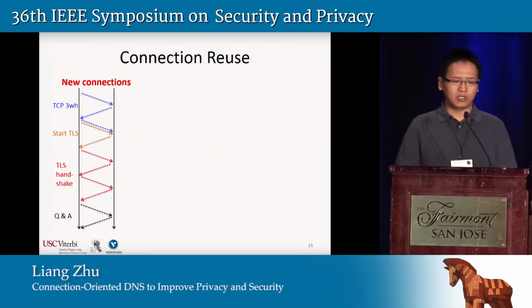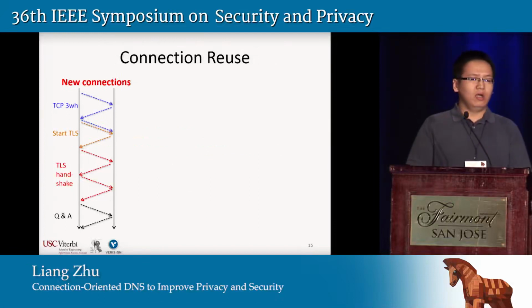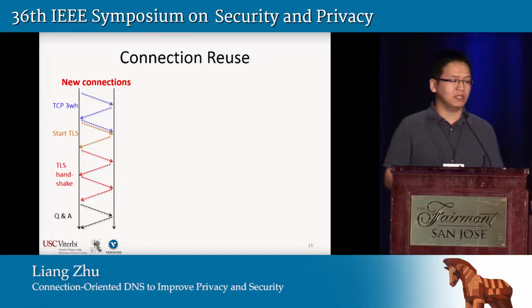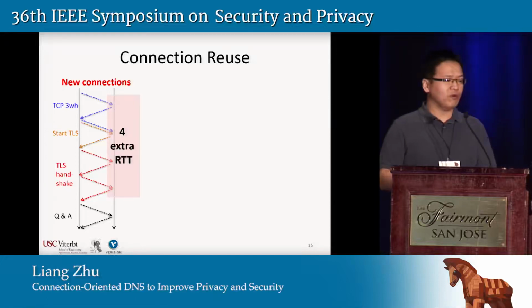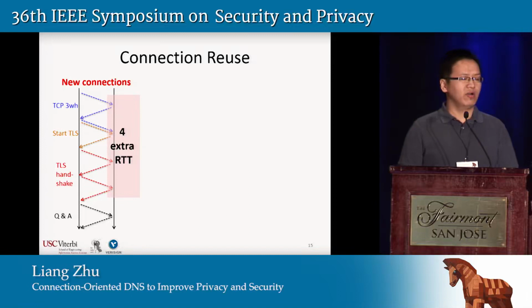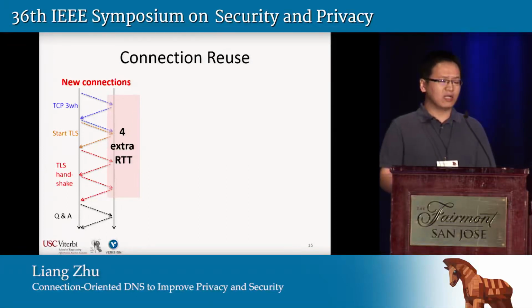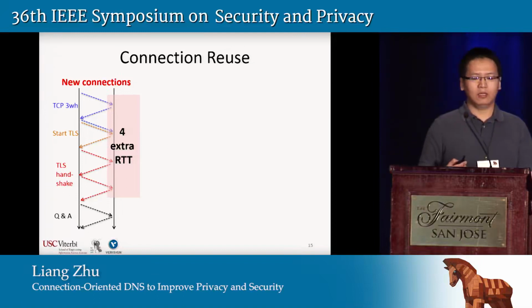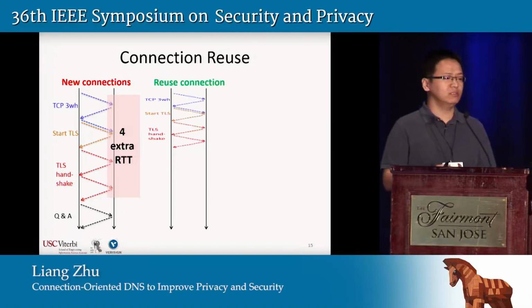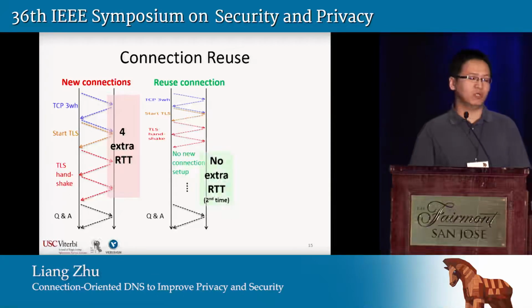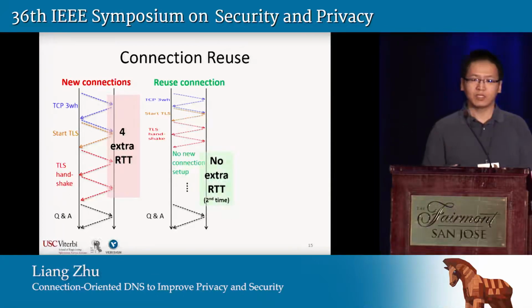A new connection is very expensive. Here we see that we have 4 extra RTTs for the connection setup. If we can reuse a connection, we don't have extra RTTs at all.